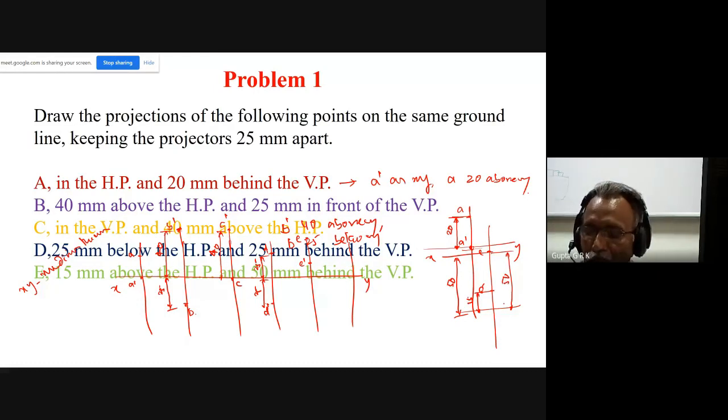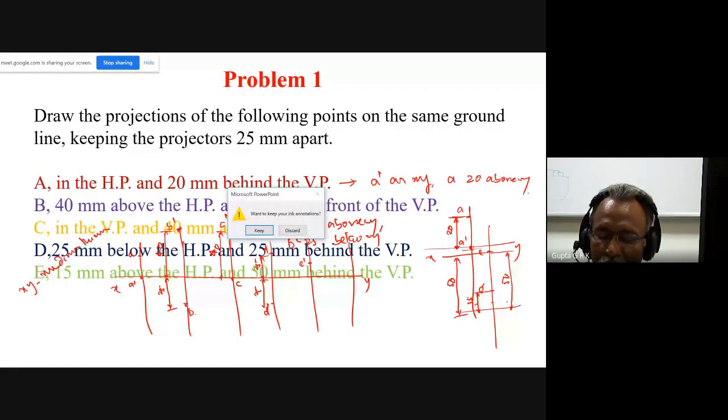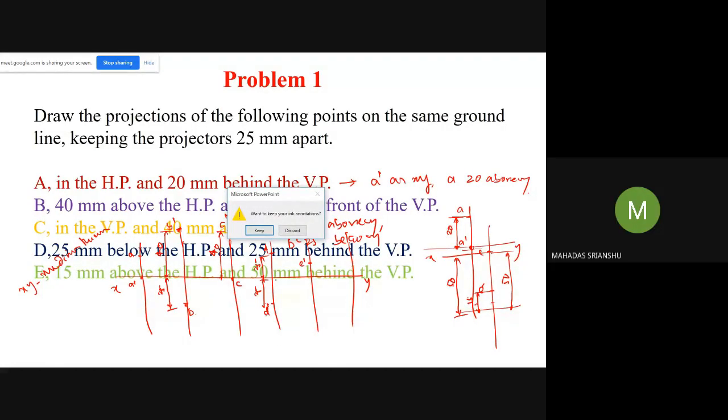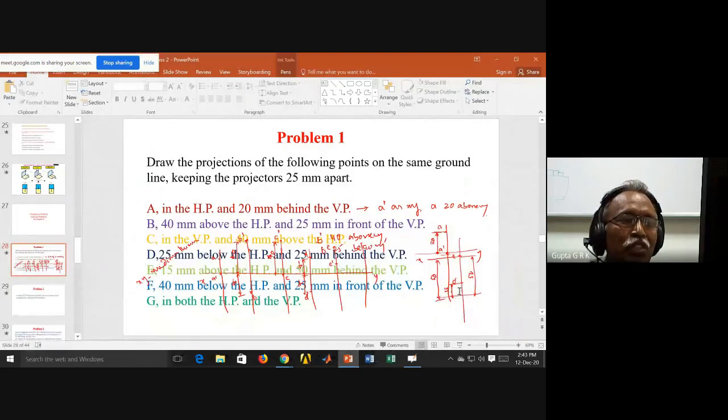When you are drawing the dimension line to the left side, I can put 8 mm. When you draw on the right side, you have to put more than 8 mm, 10 mm, because this number comes here. When you are drawing the dimension line this side, the number comes to the other side, right?